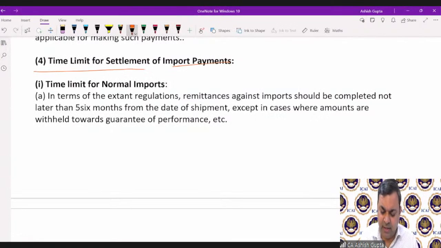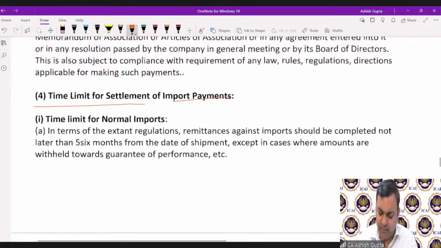Time limit for settlement of import payment. Time limit for normal imports.